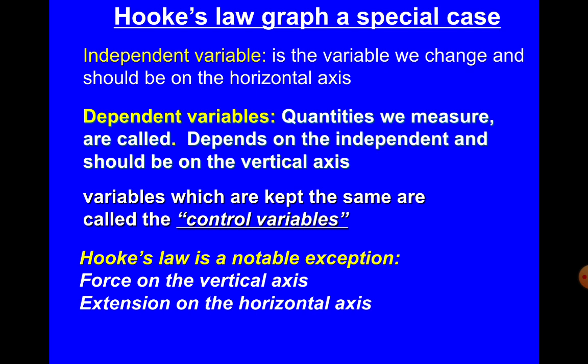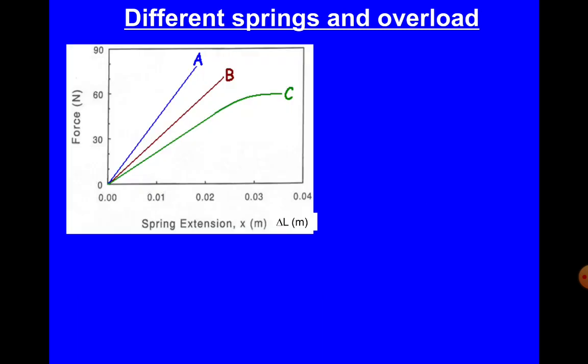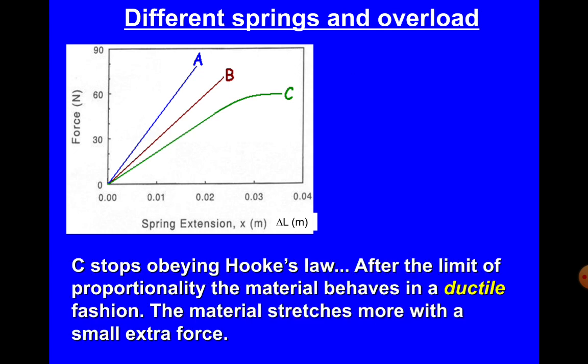So what we do indeed for Hooke's law, we put the force on the vertical axis and the extension on the horizontal axis. Okay, let's have a look and see what is the difference between the three lines. Well, what is happening at C?